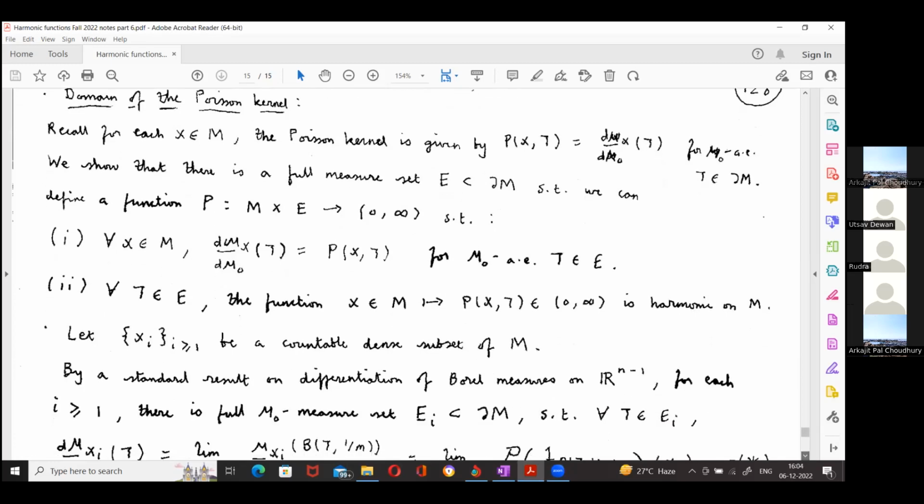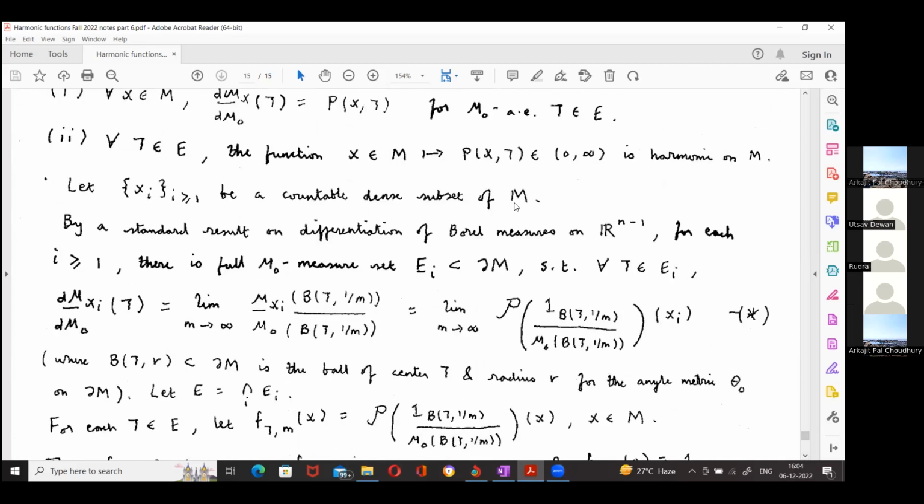So the idea is the following. You take xi_i to be a countable dense subset of M. Then by the Lebesgue differentiation theorem, since the boundary is identified with S^(n-1), which is R^(n-1) union a point, for each i there is a full measure set E_i in the boundary of M, such that for all xi in E_i, the Radon-Nikodym derivative d mu x, d mu naught of xi is equal to the limit as m tends to infinity of mu x of the ball of radius 1 over m around xi, divided by mu naught of the ball of radius 1 over m around xi.